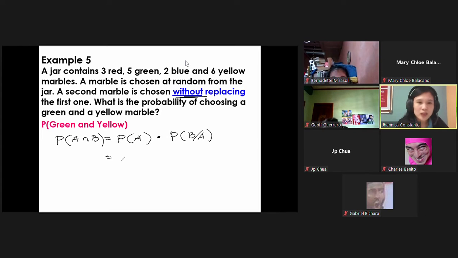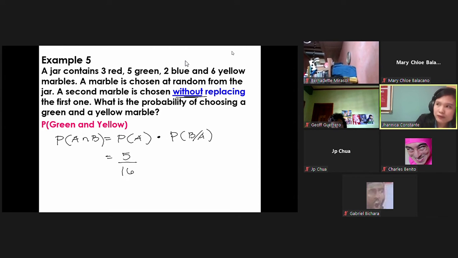So we need to identify the probability of the first event. How many green do we have? We have 5 green with a total number of marbles which is equal to 16. That's the total number of marbles that we have in the jar.